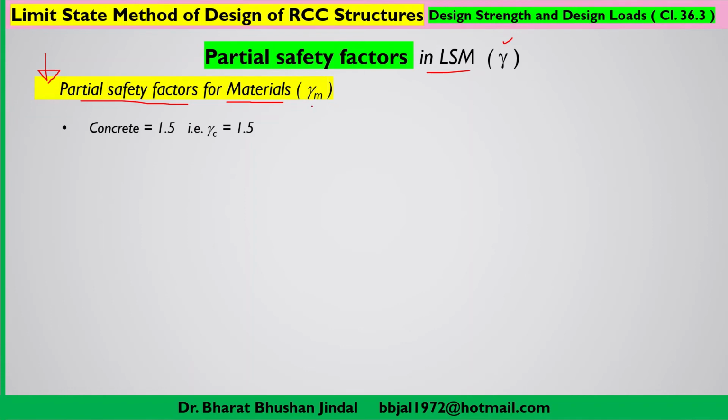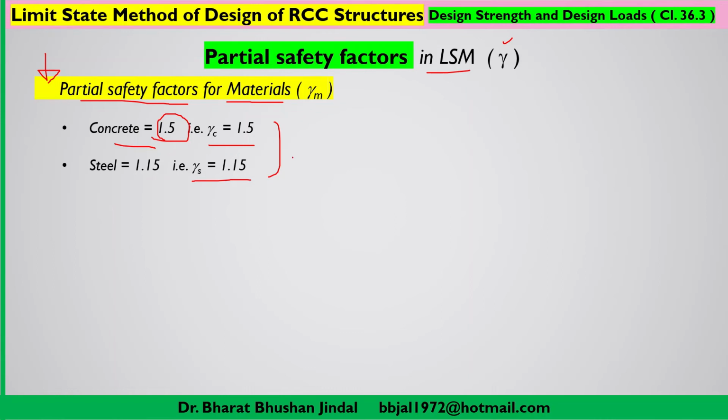And for concrete, as mentioned in Indian Standard Code, we will be taking partial safety factor for concrete 1.5, that is gamma c is equal to 1.5, and partial safety factor for steel will be taken as 1.15. Gamma s is 1.15. So you can see here we have taken partial safety factor for concrete somewhat higher than partial safety factor for steel.